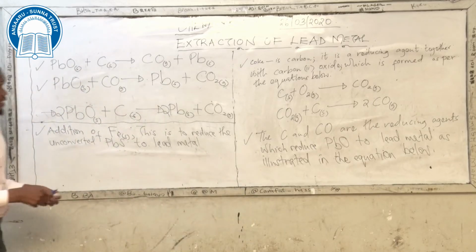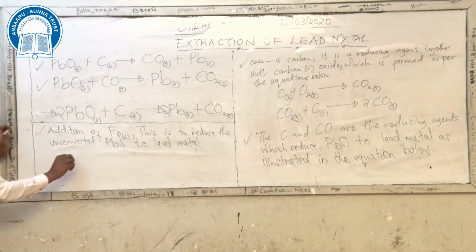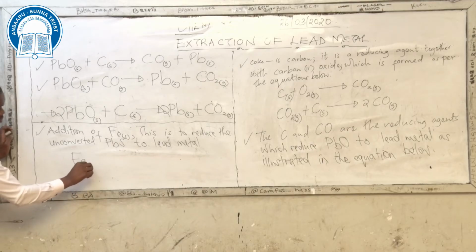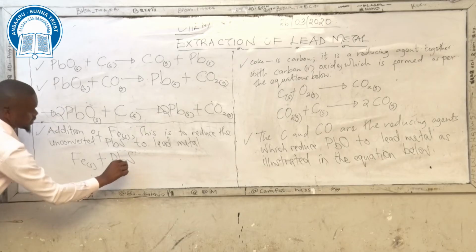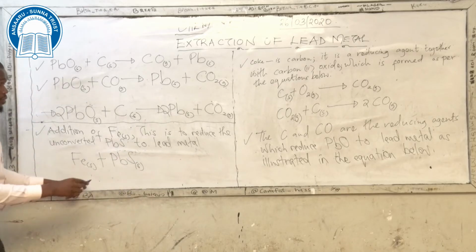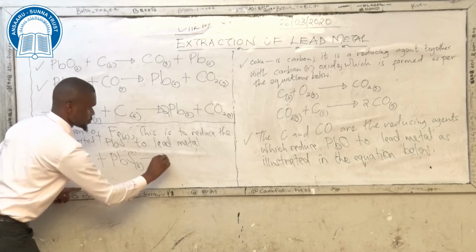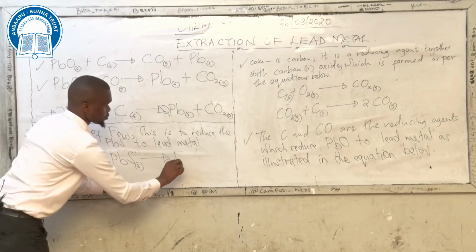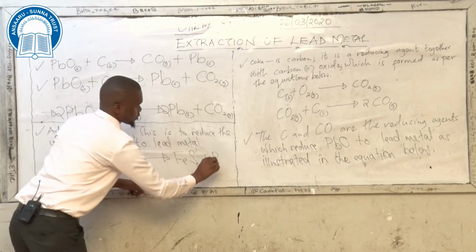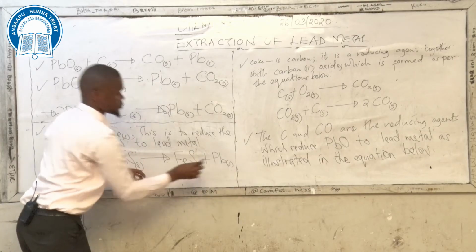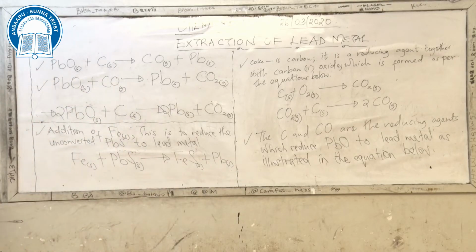The reaction occurs in such a way that iron combines with the remaining unconverted lead sulfide to form iron 2 sulfide and lead metal. All in all, both of them are just reduction processes.